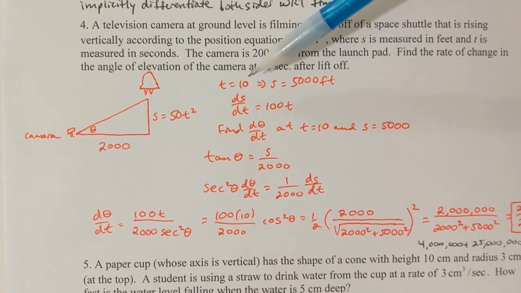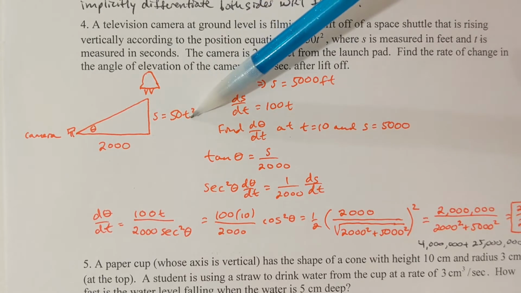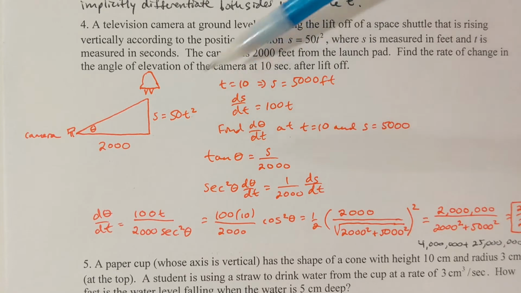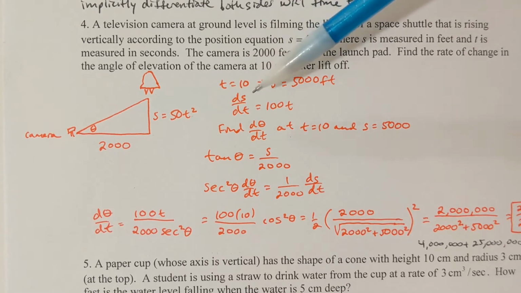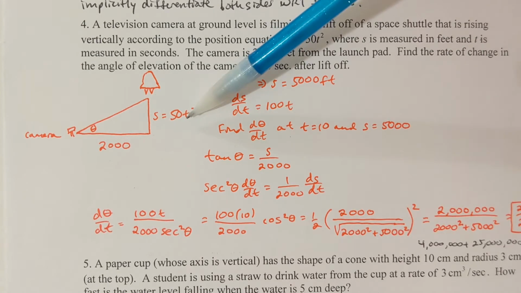Okay, now at 10 seconds after liftoff, the rocket is going to be at a height of 5,000 feet, right? 50 times 100. ds dt would be 100t.